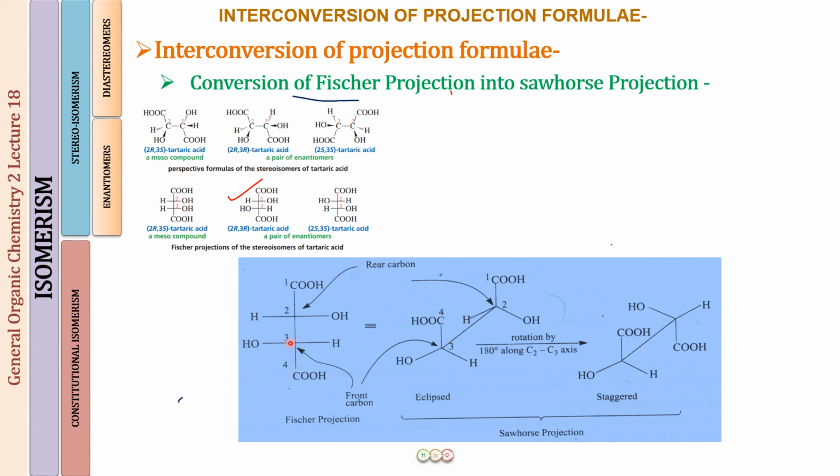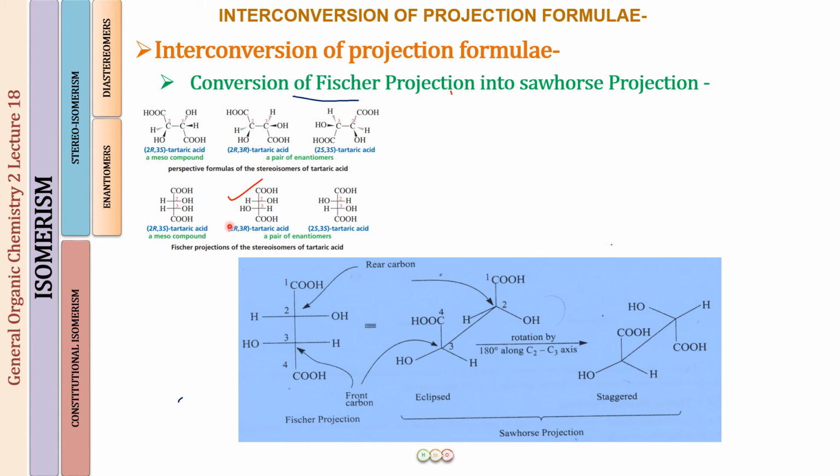So how are we going to look at the molecule? We are going to look at the C3-C2 bond as an oblique line. So we draw a long oblique line. Then first of all, we have to convert the Fischer into the eclipsed conformation. So for the front carbon, the COOH group will be on top. Whatever is on the vertical line, we draw like this, just like we do for the flying wedge projection.